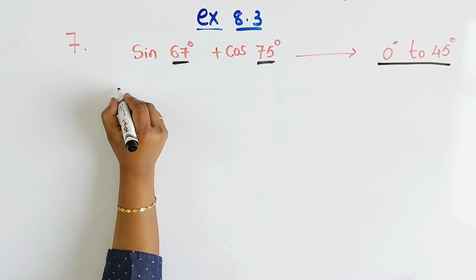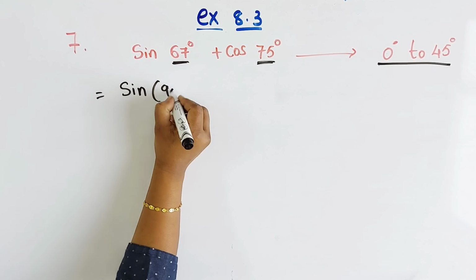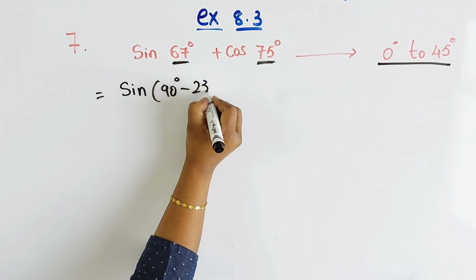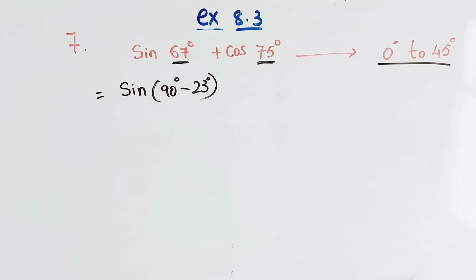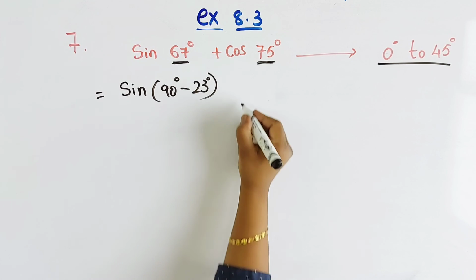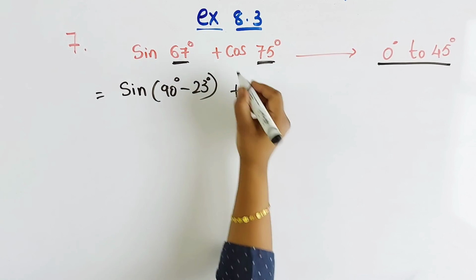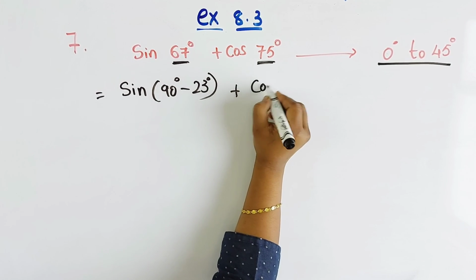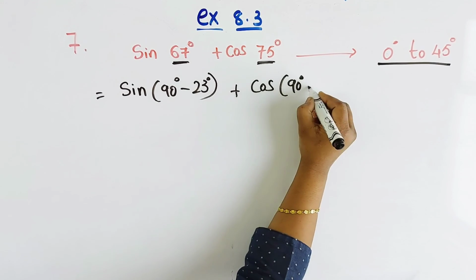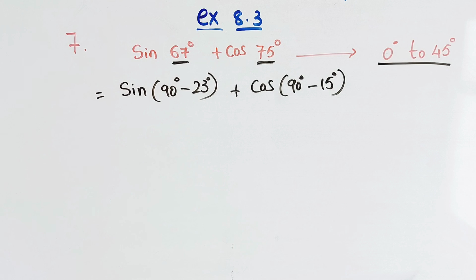Can we write sine 67 degrees equals sine of 90 minus 23 degrees, children? Right? Because 90 minus 23 is 67. Correct? Now cos 75 degrees, children. Can we write 75 like cos of 90 minus 15 degrees? Because 90 minus 15 is 75 degrees.